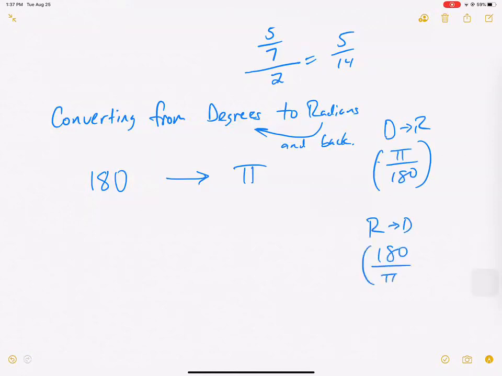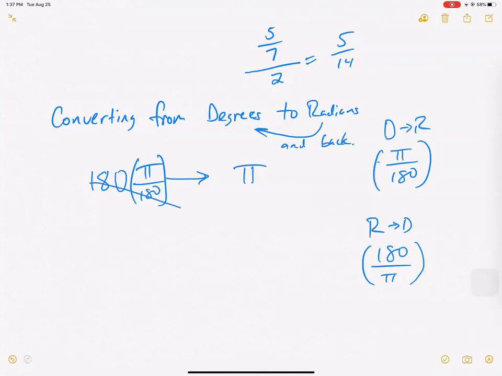And I'll show you guys how to use it right now, and a way to remember it. So I want radians. I have degrees. You state what you want. I want radians on top. What do you have to cancel out? Degrees. The math works out. Done.